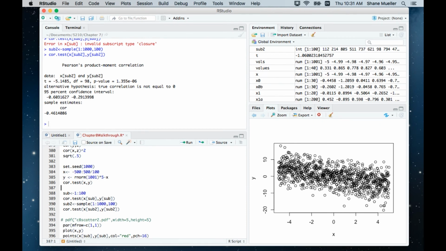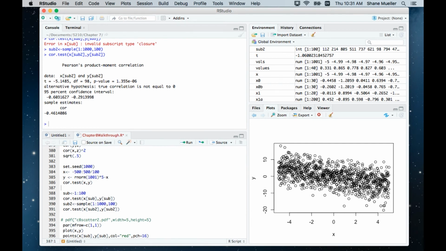One thing to note about correlations is that if you don't have variation, you can't have covariation. Even if there were this relationship, if I were only sampling x values in this range here, I might not see a correlation, or that correlation might change.